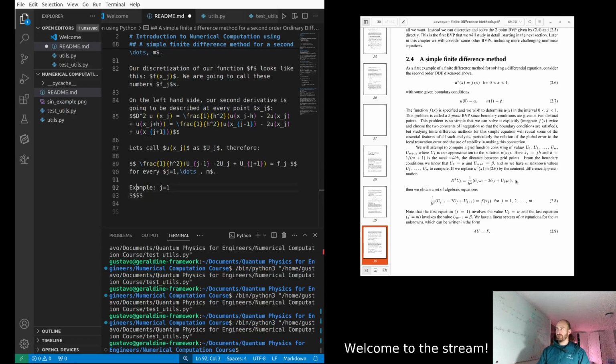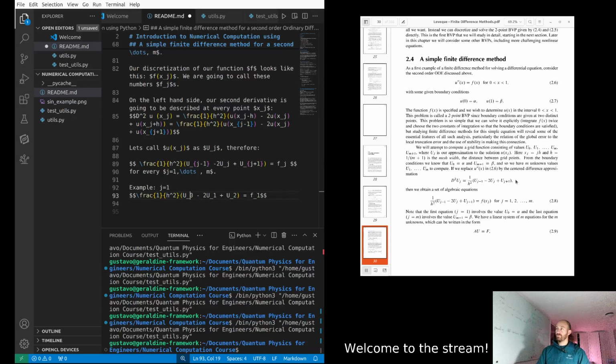The equation looks the same, the 1 over h squared. But when you think of u sub j minus 1, remember j is 1, so 1 minus 1 is 0. Then minus 2 u sub 1, and then plus u sub 2, right? And this is equal to f sub 1.